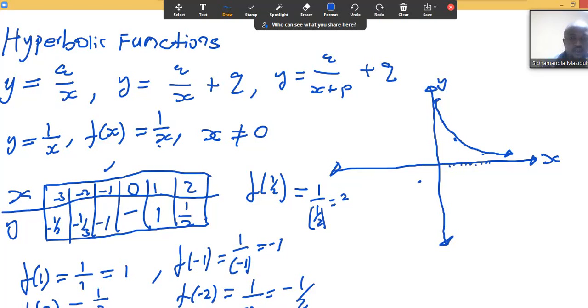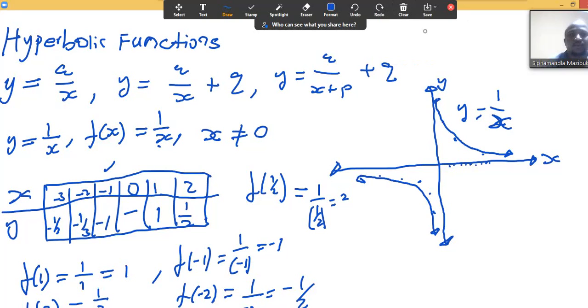That would be here, and -2 is to -half. That would be here, and the other one would be here. So we can have something like this as well. So that is our graph, y is equal to 1 over x. So this is our first graph that we're looking at.